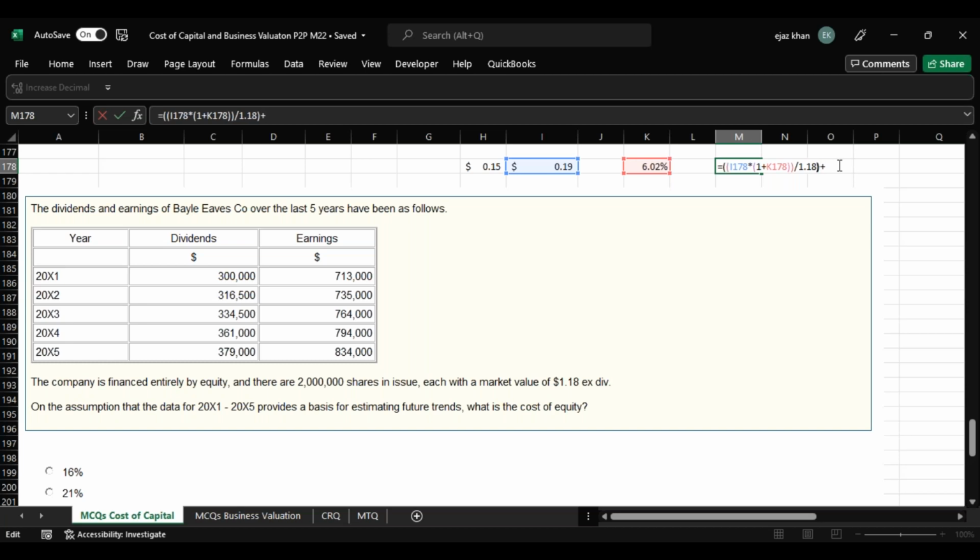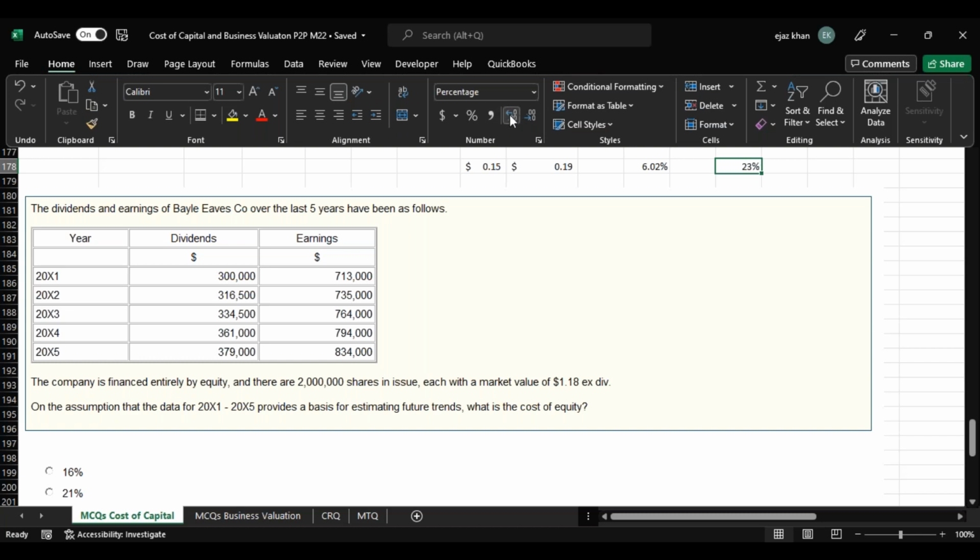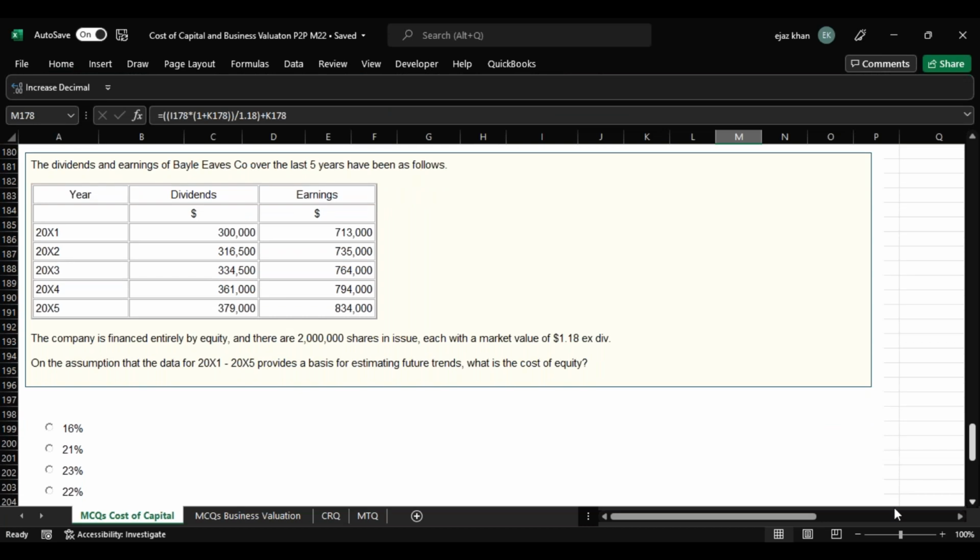Then the growth rate again. So the answer is 23.04%. So it's 23%.